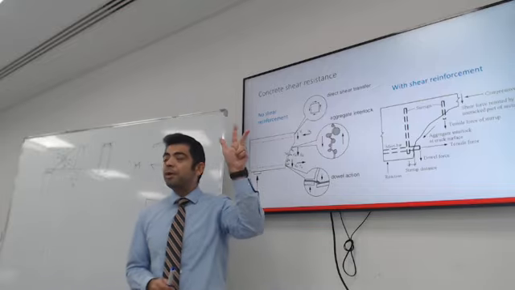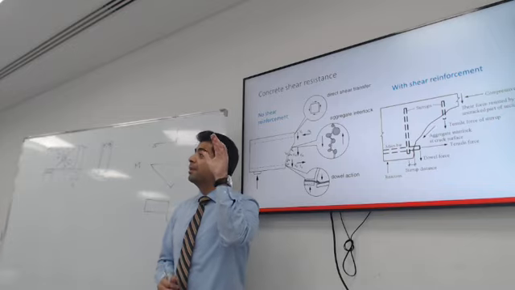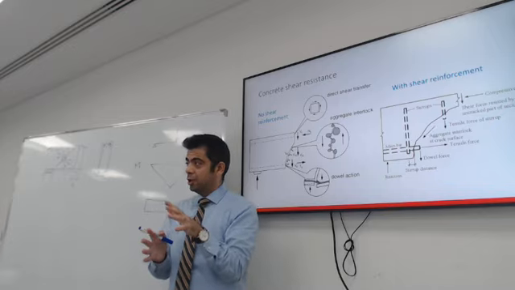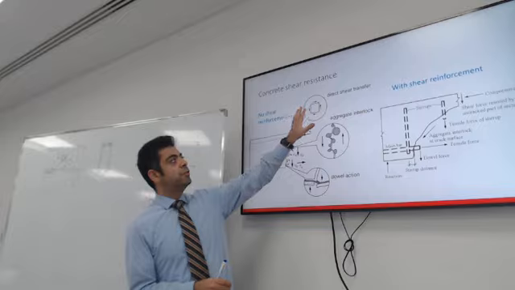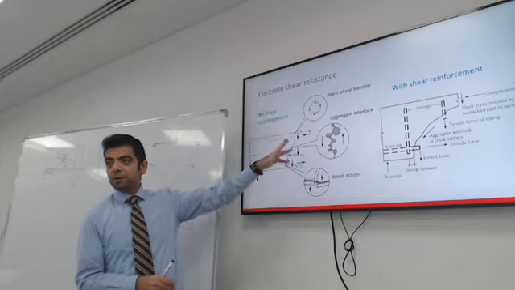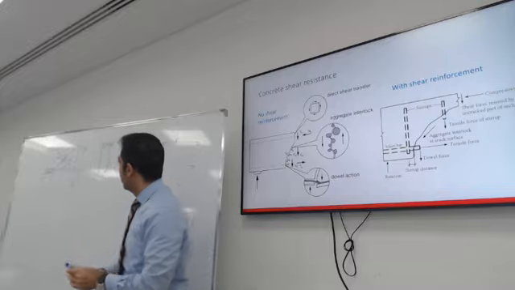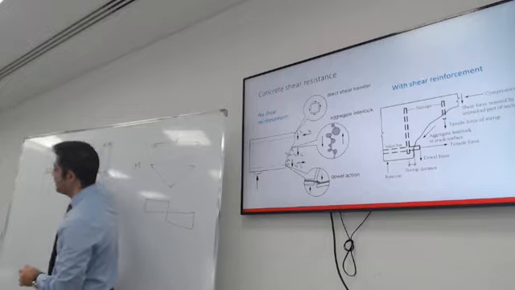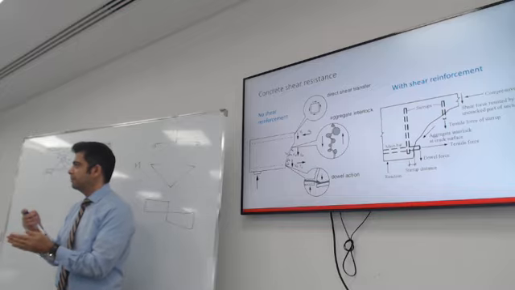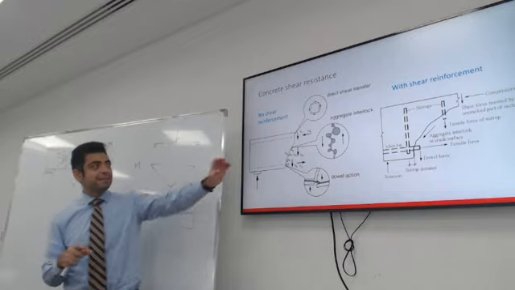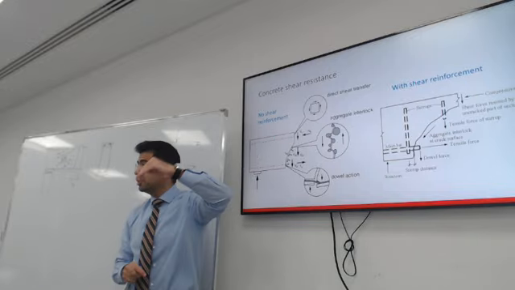There are 3 factors that help the section resist shear. There is the direct shear transfer, or direct shear capacity, at the part above the crack, the intact part of the beam. The beam and the compression block is still intact, so it has some shear capacity.